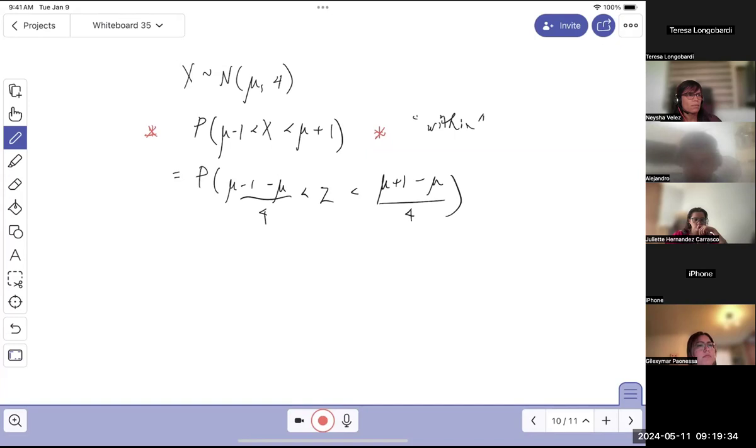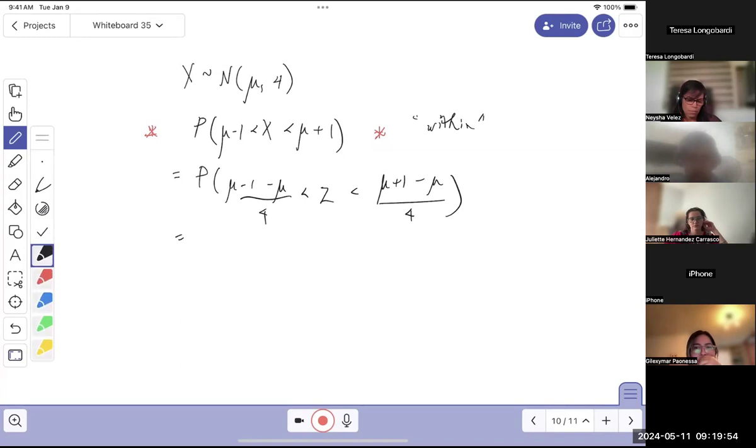And they cancel. So you don't have to know the mean. Look at the power of the mean. I don't have to know the value of the mean to understand behavior around it.